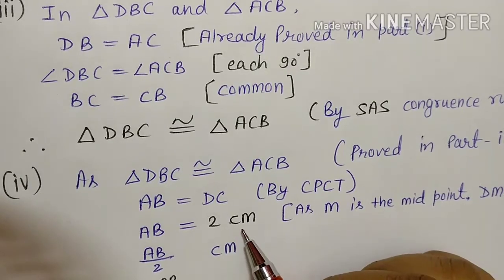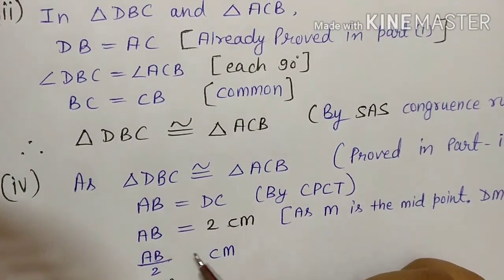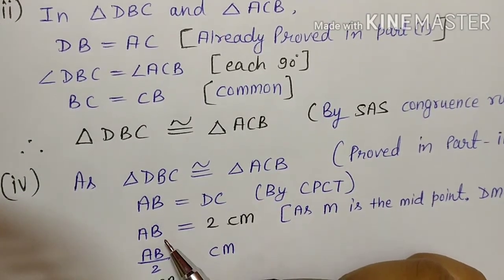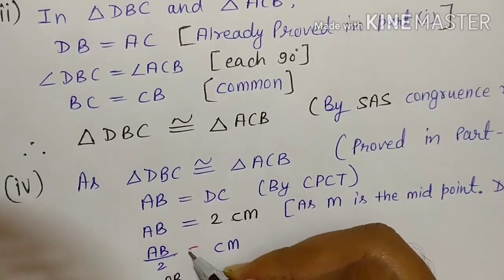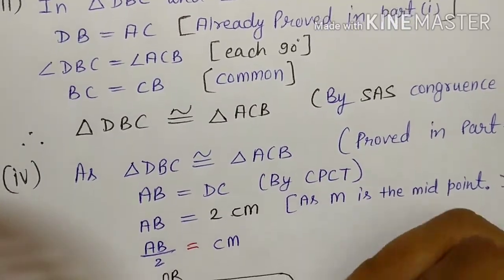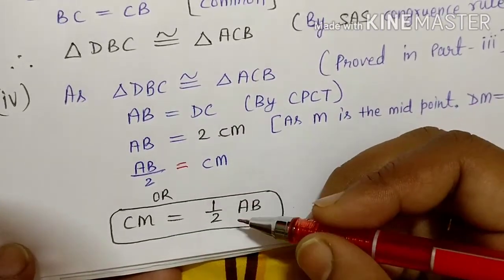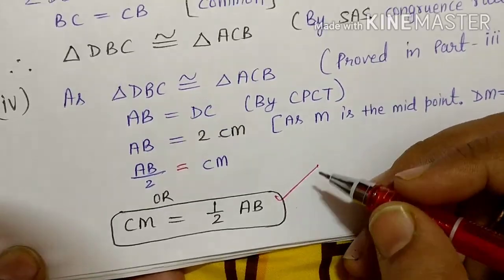Here 2 and CM are in a multiplication relation, so when the 2 goes to the left-hand side, the opposite operation comes. So AB divided by 2. Or we can write CM equals half of AB. And this is what we had to prove.